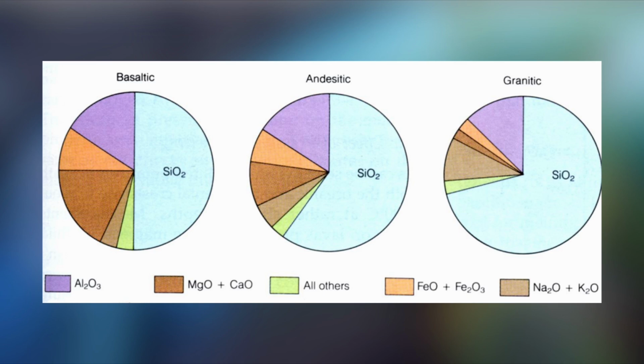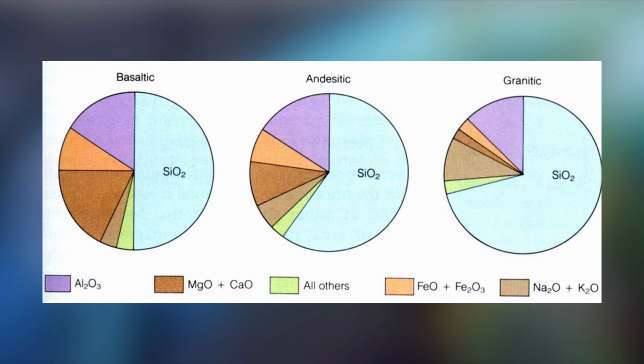The silica content of magma and lava is primarily what determines both its temperature and its viscosity. So the higher the silica content, the cooler it will be, but also the more viscous. Pahoehoe, being the least viscous, or the runniest if you like, tends to have the lowest silica content, whereas A'a has high silica content, and block lava the highest of all.